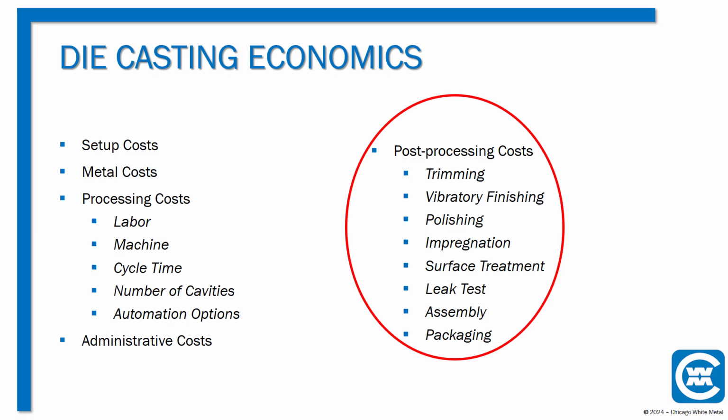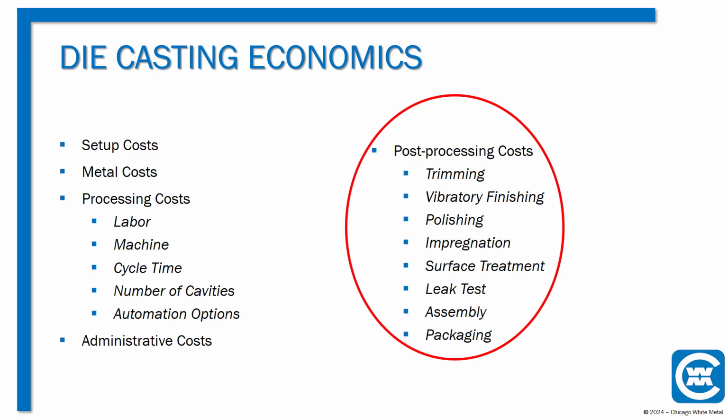So any type of vibratory finishing, shot blasting, sometimes there are products where the parting line needs to be polished away. If there's a leak specification for the product, sometimes we impregnate it with a resin to aid in leak testing. Other types of surface treatments, again, paint, powder coating, Cerakoting.